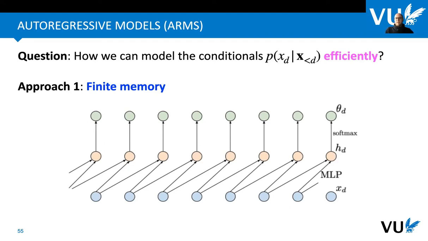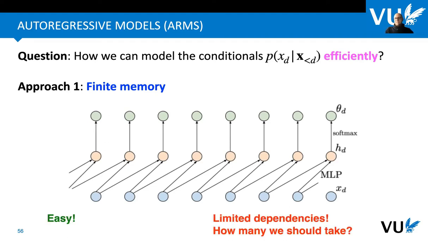It is extremely easy, but extremely limiting because we would look only at 2 pixels. Why not look at 10 pixels? Why not 20 pixels? How many should we take? These are very good questions. And definitely we don't look at the full image.